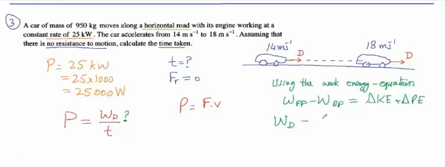Since this is the work done by the driving force, we write it as this thing we are finding, minus, since there is no resistive force, this work done will be 0, and this will be equal to the change in kinetic energy, which is half into mass of the object into the final speed square minus the initial speed square.